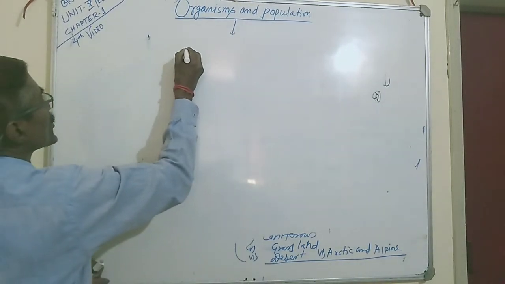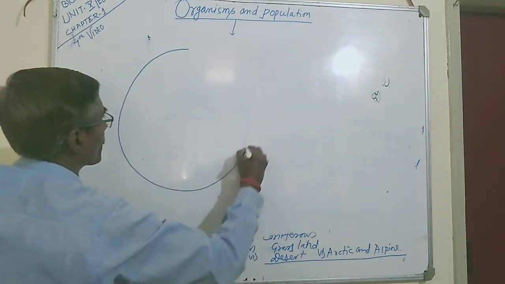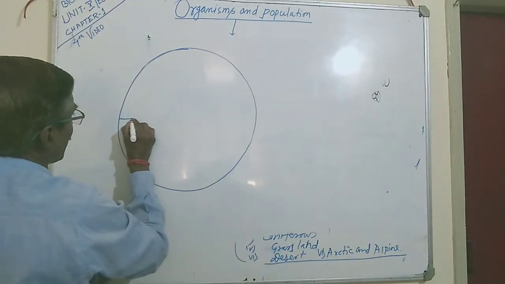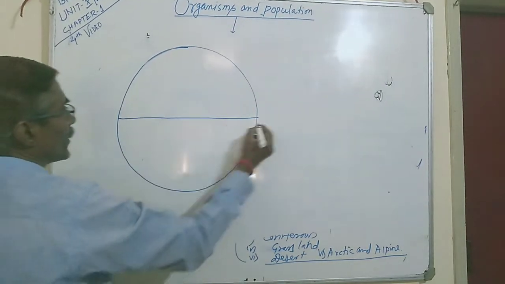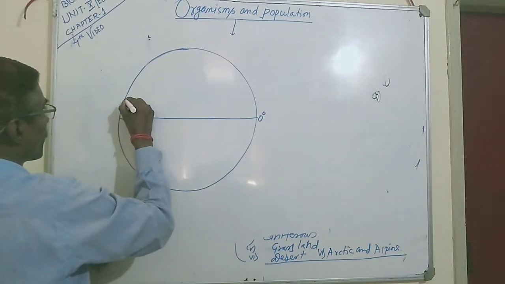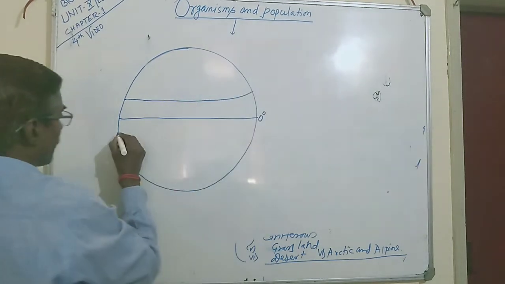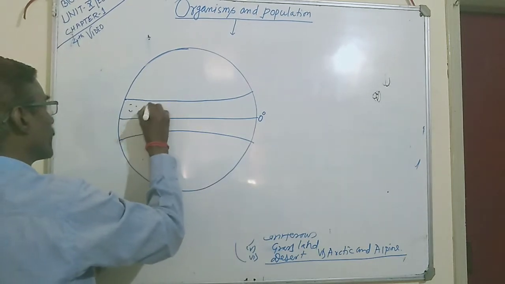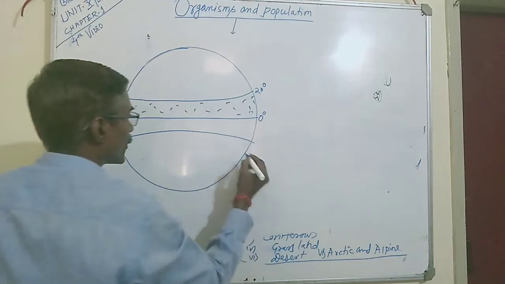You know, this is the position of the earth. This is the equator. This is 0 degree. This zone is 20 degrees, north or south.